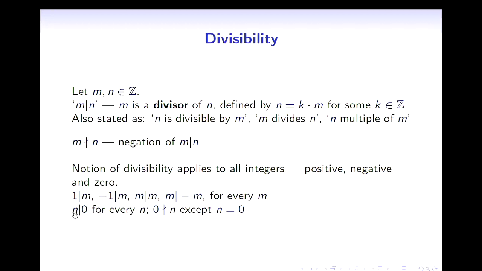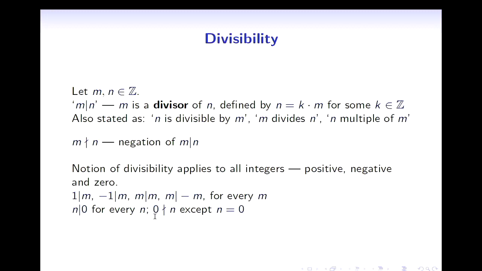For 0, and now this might really be a bit tricky. For 0, you have to formally apply the definition in order to see that every number is officially a divisor of 0. So 15 is a divisor of 0. Why does it have to be a divisor? Because you can find a k so that 0 times k, that n times k, is 0.